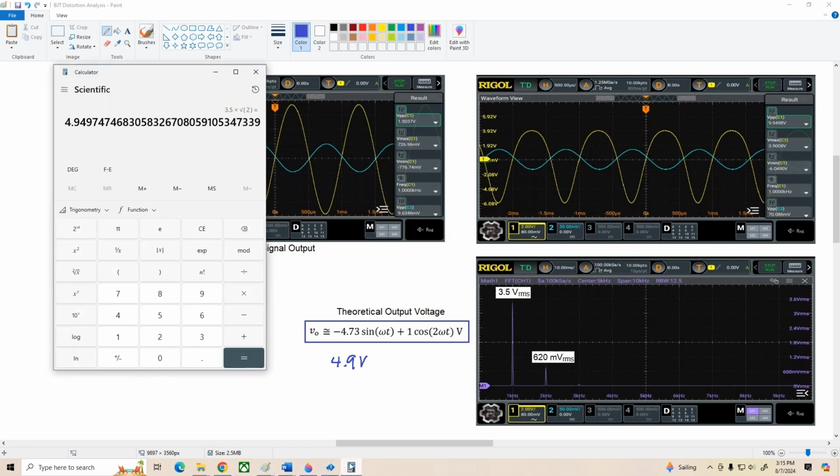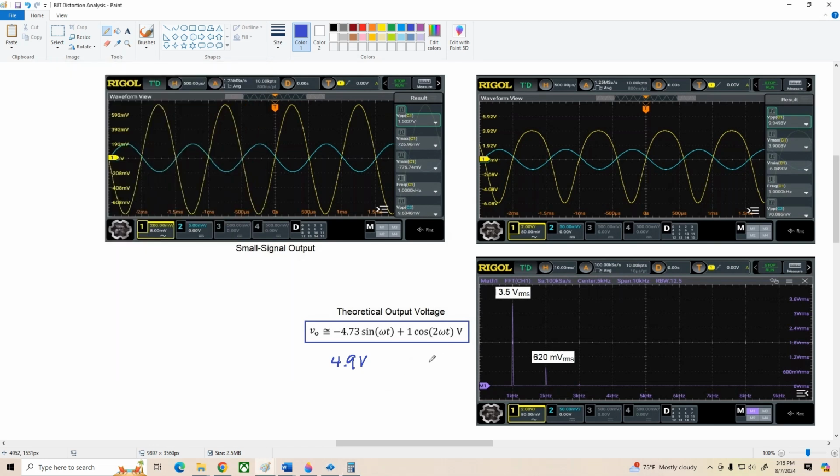And next, 620 millivolts is 0.62 times the square root of 2, an amplitude of, let's just call that 0.9. Okay, so here we have 0.9 volts versus 1 volt theoretically. That's pretty darn good correlation between the actual output and the theoretical calculated value.